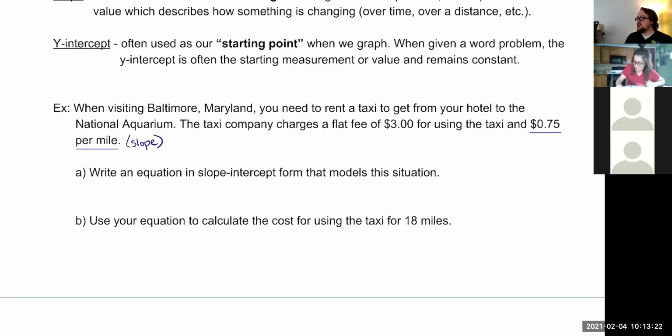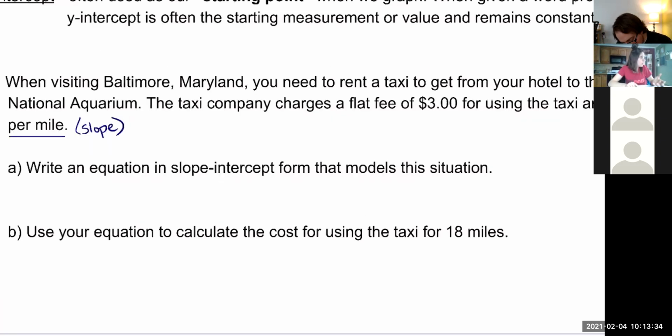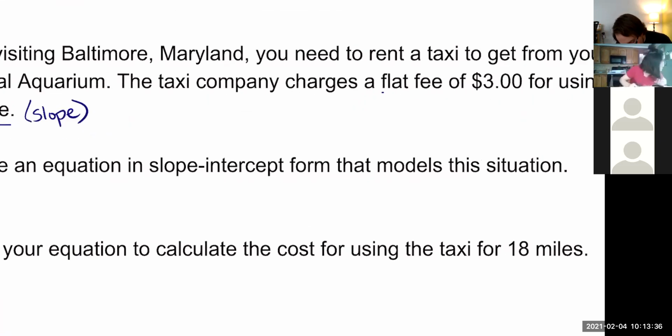Whether you're going a block, everybody's going to pay that $3. Whether you're going across town, you're still going to pay that $3. It's constant for everyone. So I would actually underline that flat fee, because that would defend why it's going to be our y-intercept.